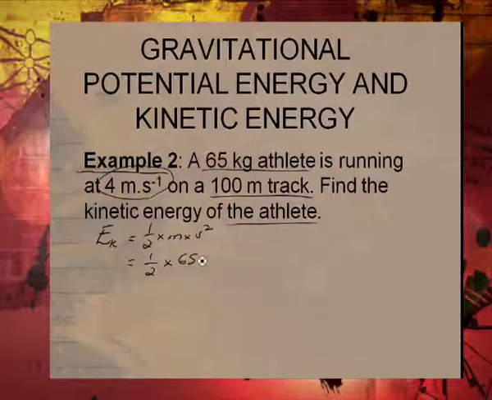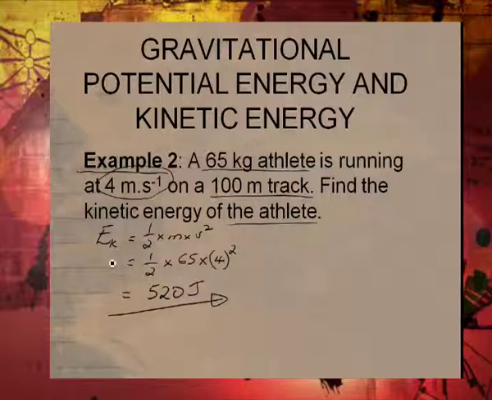It's 65. What is the velocity of the athlete? It is 4 meters per second, and then that should be squared. So you have 4 squared is 16, half of 16 is 8, so you've got finally 8 times 65, and what do we have there? This is 520 joules.